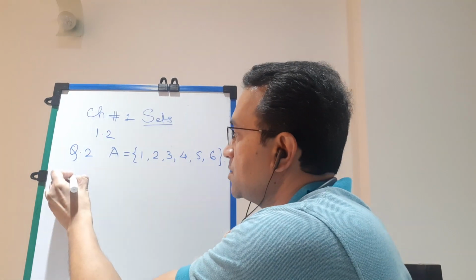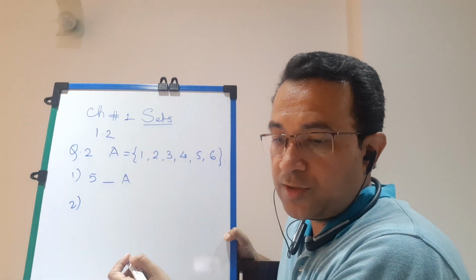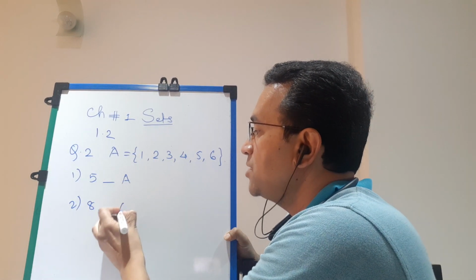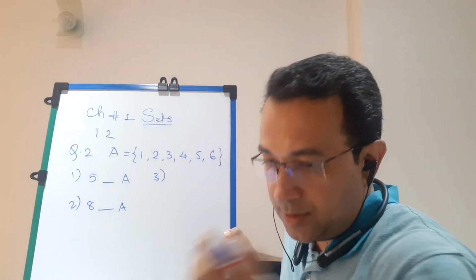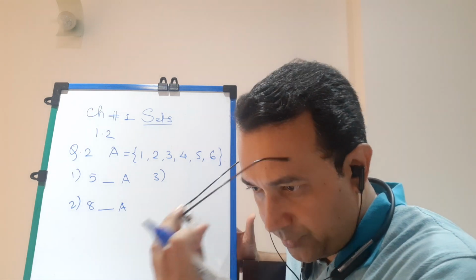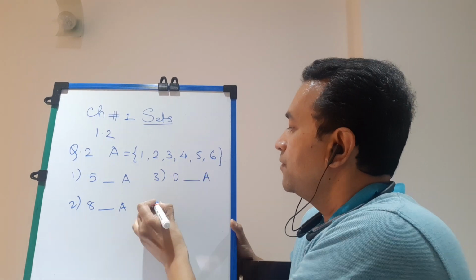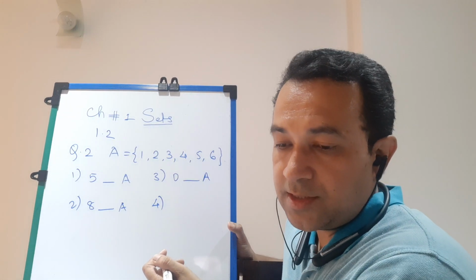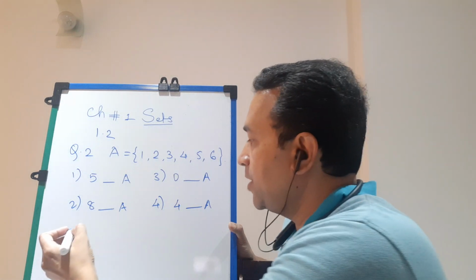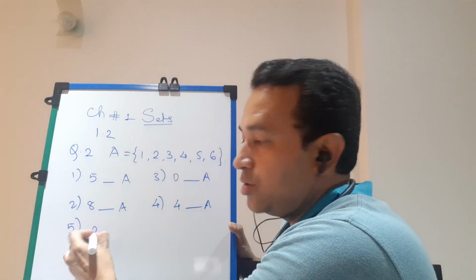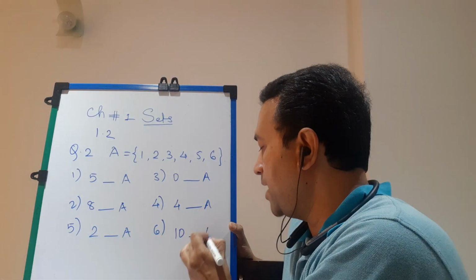The first part is 5 dash A. The second part of the question is 8 dash A. The third part is 0 dash A. The fourth part is 4 dash A. The fifth part is 2 dash A, and the sixth part is 10 dash A.